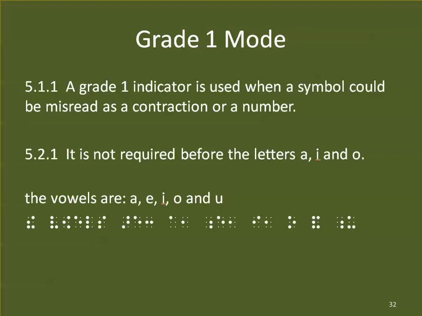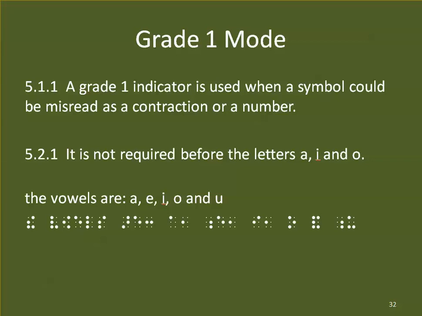A grade 1 symbol indicator is used when a symbol could be misread as a contraction or a number. It is not required ever before the letters A, I, and O, because in the English language those are already words and can't be confused with anything else. So if we had a phrase that said the vowels are, A, E, I, O, U, A never gets a grade 1 indicator in front of it because it doesn't need one.